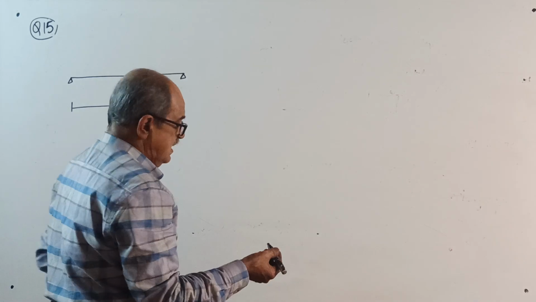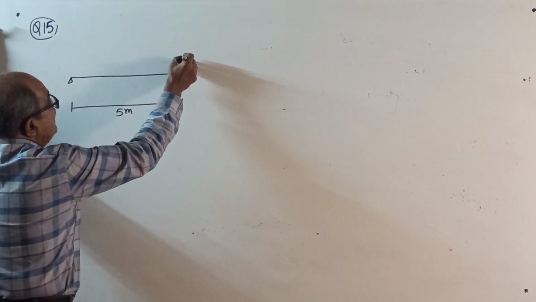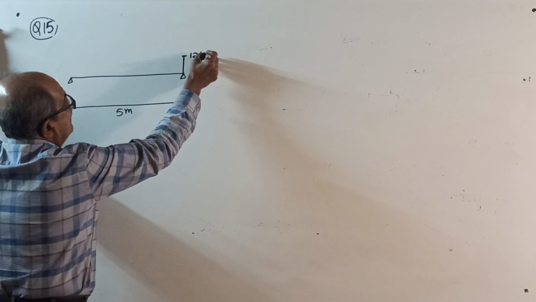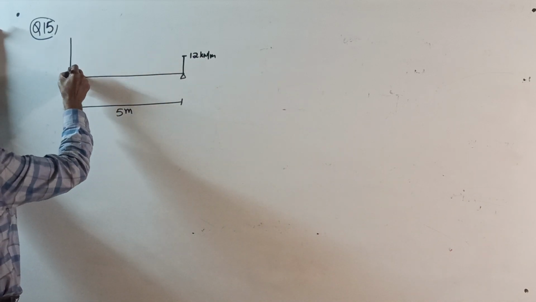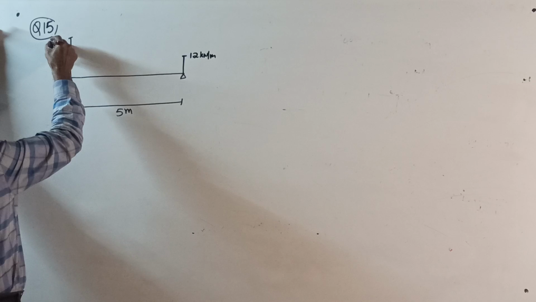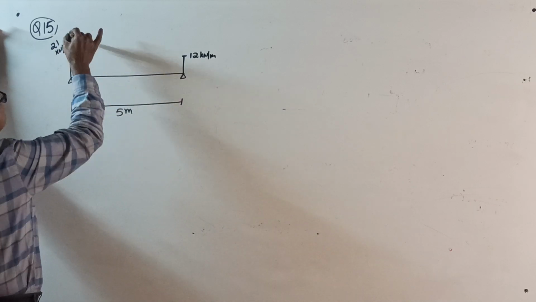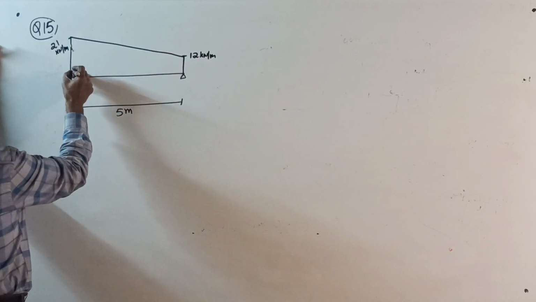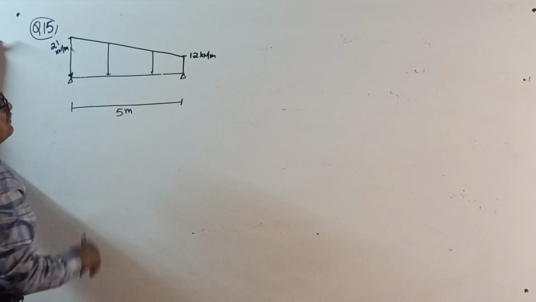It is loaded by an uniformly varying load of intensity 21 kN per meter at the left end, which linearly decreases to 12 kN per meter at the right end.